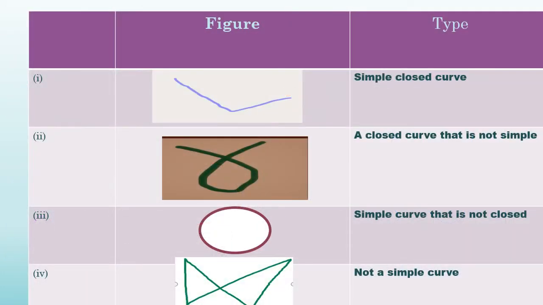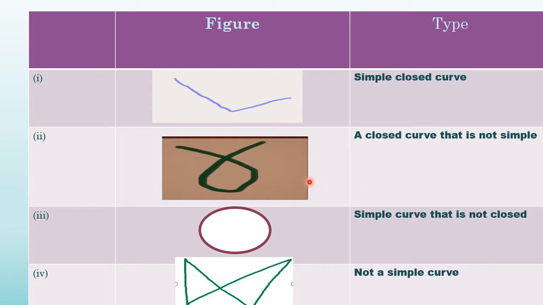Here you have to classify these, like you have to match them. Now this type of line, which category will it come under? It is a simple curve, but it is not closed.